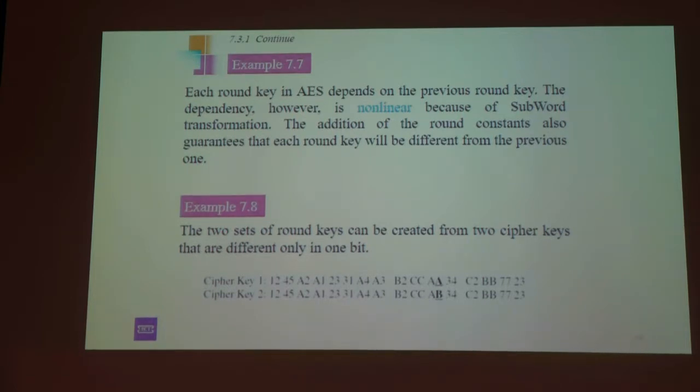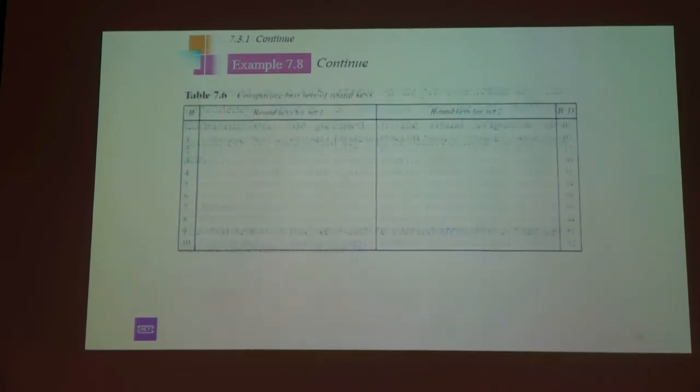Take a look at Example 7-8, the two sets. Here you have key 1 and key 2, and the only difference is 1 bit. The same exact key, we just changed how many bits? 1 bit. Let's use it to generate the keys. Look at the rounds and the bit differences.